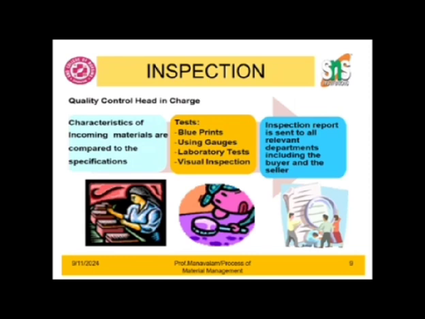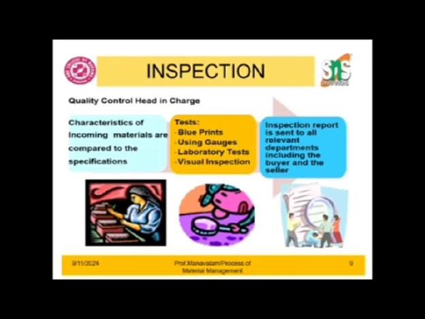Next step is inspection. The quality control head is in charge of inspecting the material that is kept in the store. First, they have to check the characteristics of the material compared with the specification they have in hand. Second one is test.